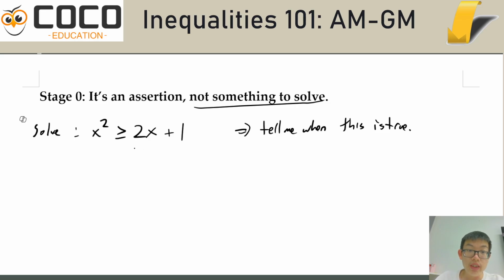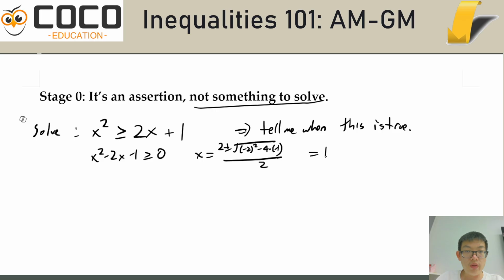For example, if you use the quadratic formula, you can say that your roots are 1 plus or minus square root 2, and so you say that, all right, this is true when x is more than or equal to 1 plus root 2 or less than or equal to 1 minus root 2.